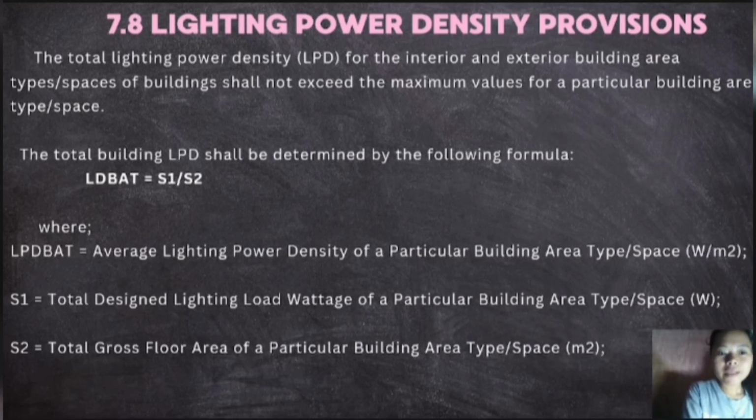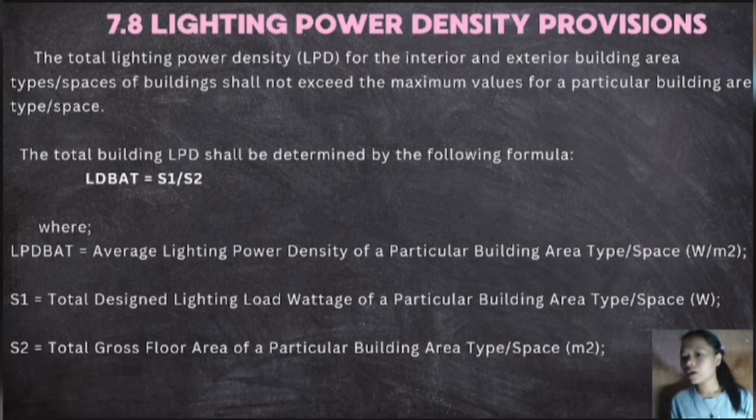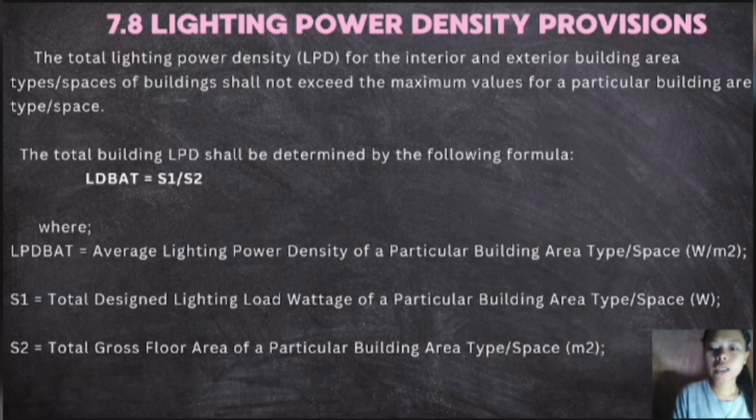One divided by the average power density per area type is the total design lighting wattage of a particular building area type, over the total area of a particular building area type.